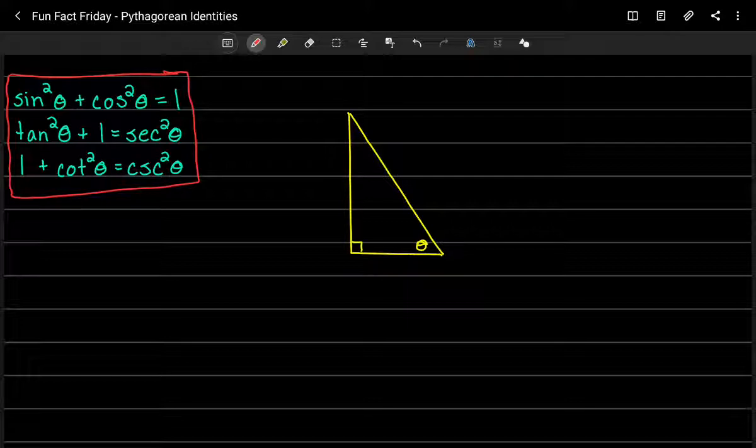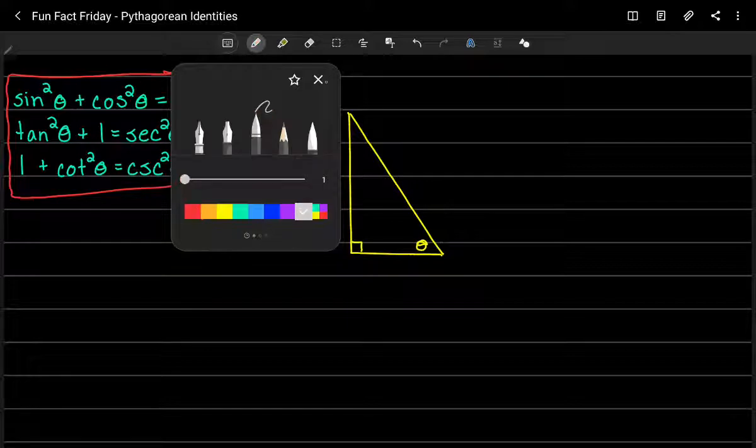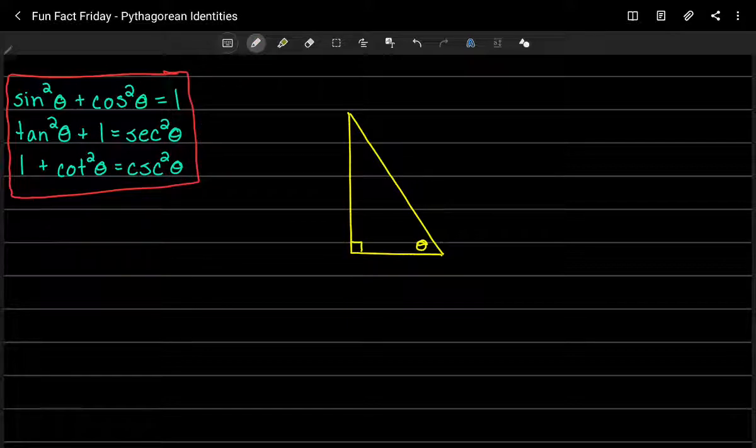So Pythagorean identity. What I want to look at is where that name comes from. Why are they called Pythagorean? It all comes down to the Pythagorean theorem.